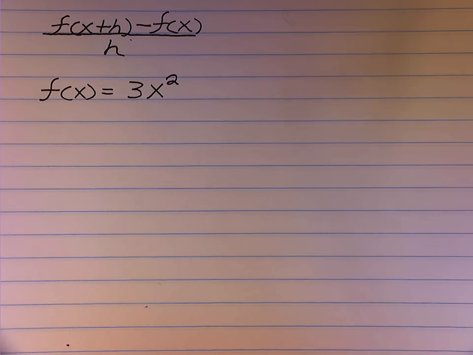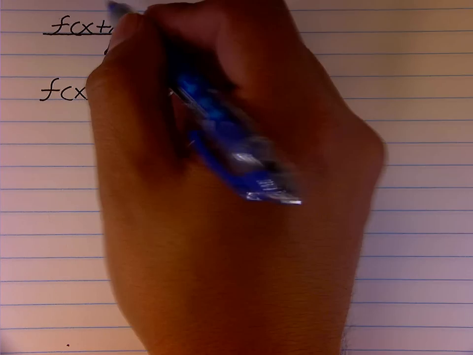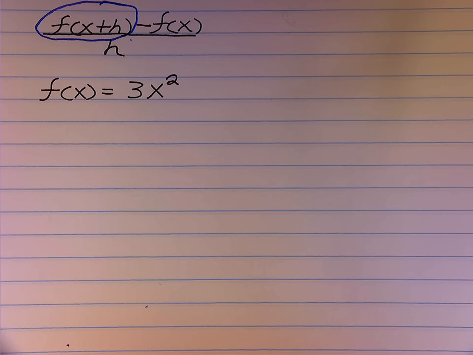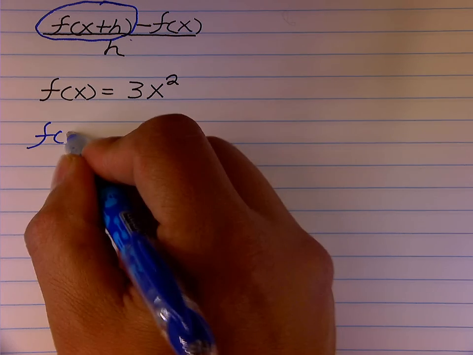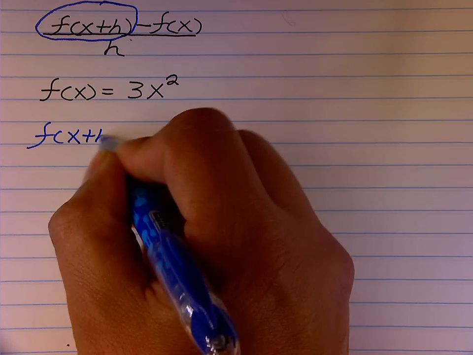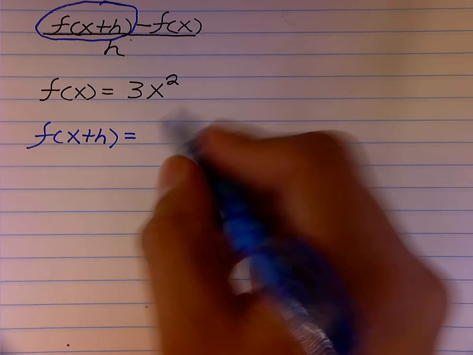I am now going to use the difference quotient that we just calculated on the function f of x equals 3x squared. First thing I'm going to start off is finding f of x plus h. And I'm going to find that by taking my function and plugging in for the input x plus h.